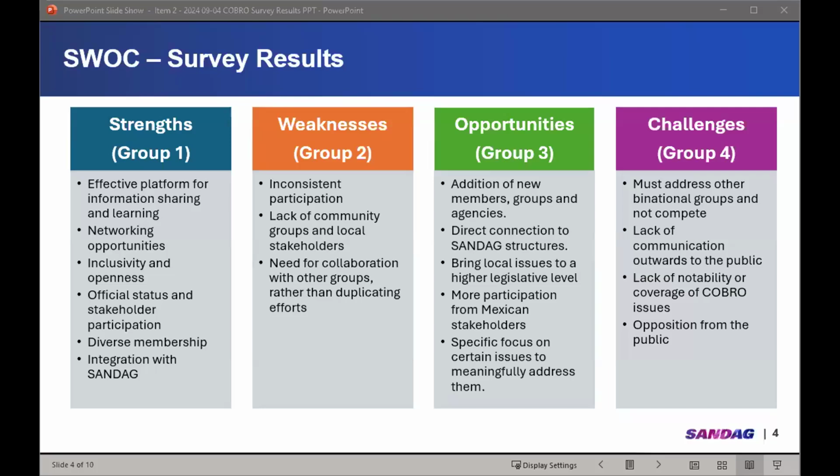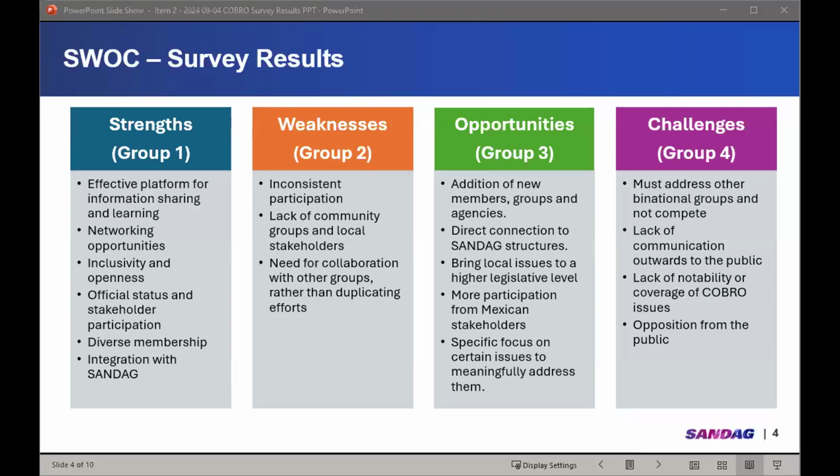This is Roger, and I wanted to add to Jose's comment. Obviously some of us have been here for several years, maybe over a decade, if not more. But we do remember, like Jose was saying, pre-COVID, when we were having a lot of the border meetings, including border breakfast and COBRO, in person.